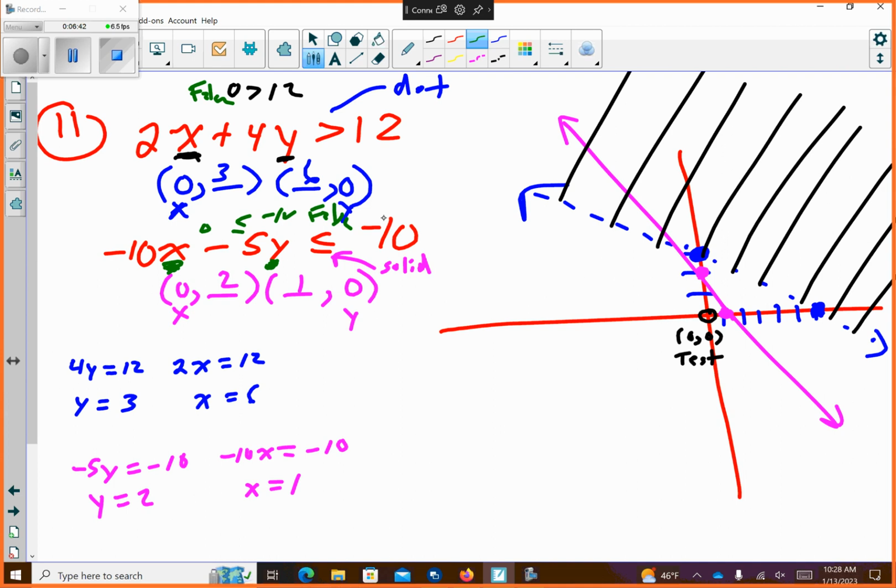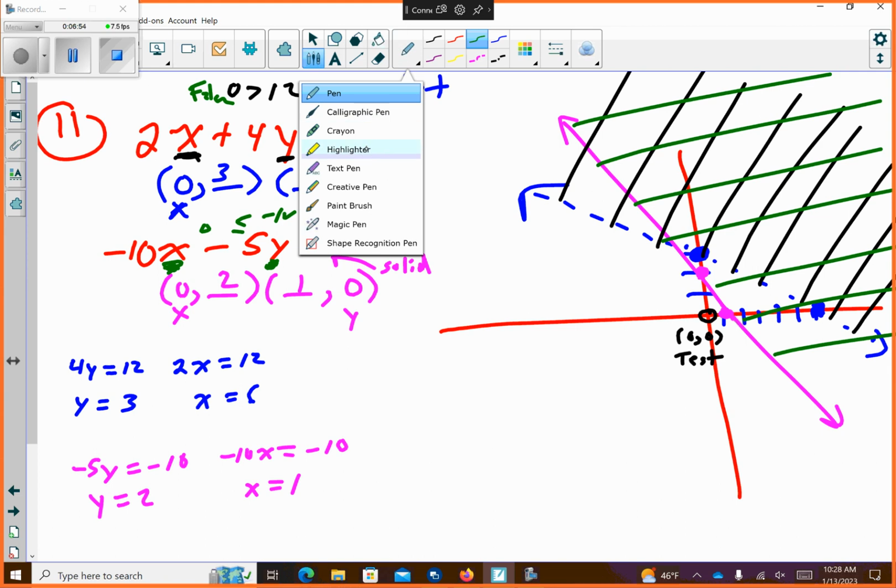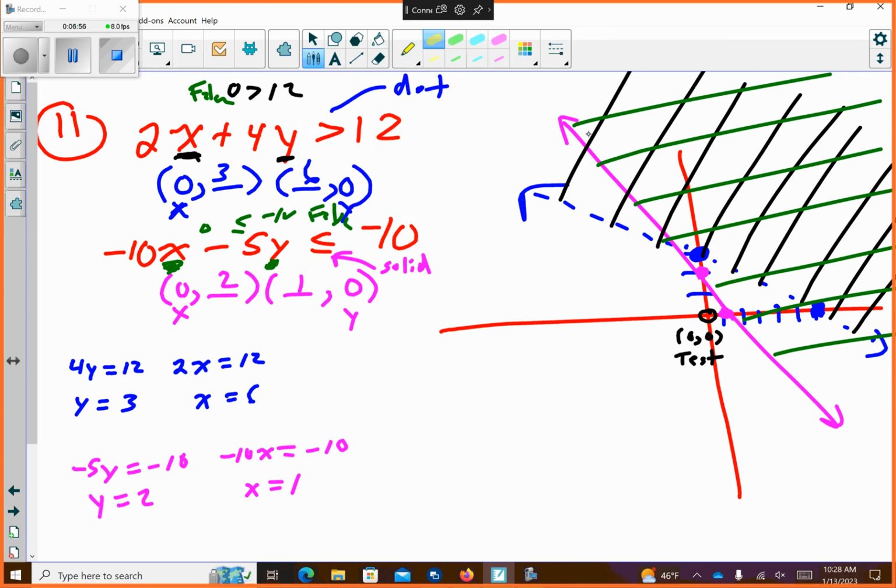So that means I shade the top side of the green, or the pink, I'm sorry, using green. All right, so my shaded region on this problem is this region here. Okay, that's where my solution lives.